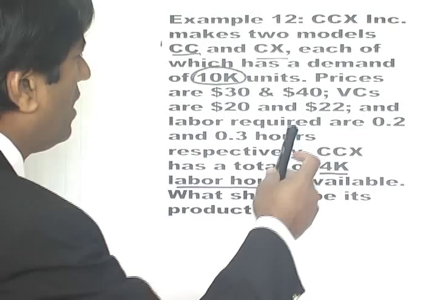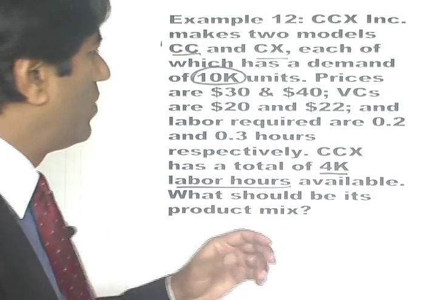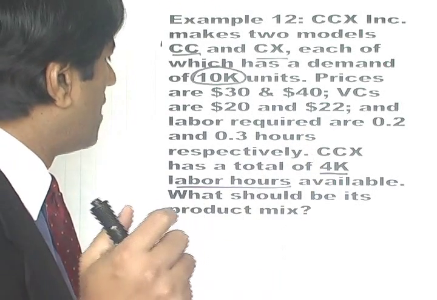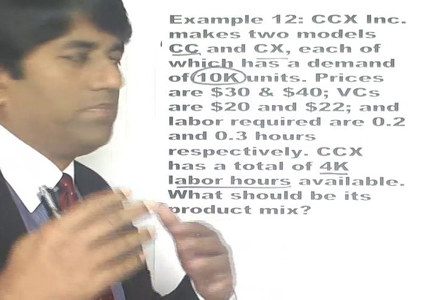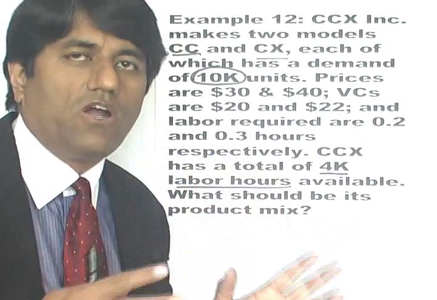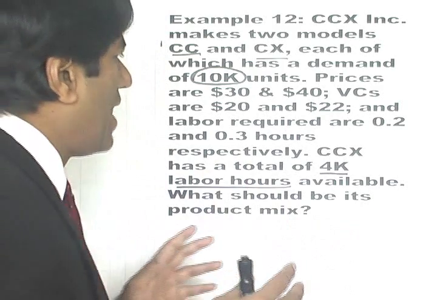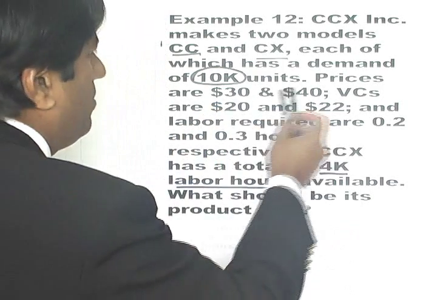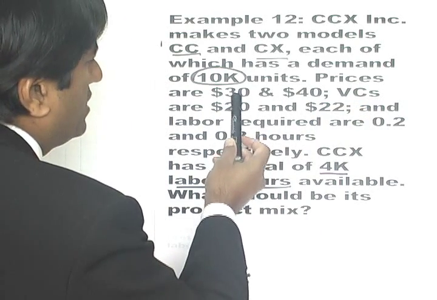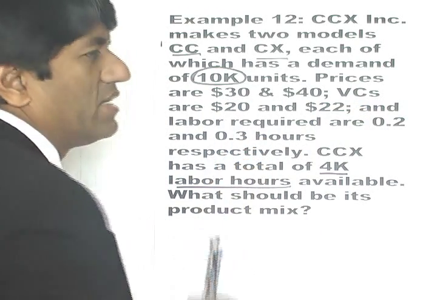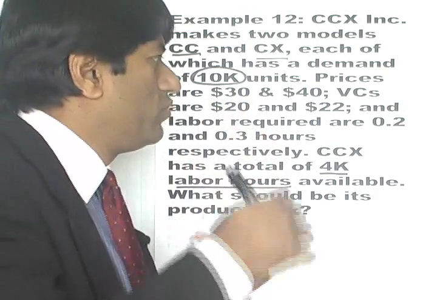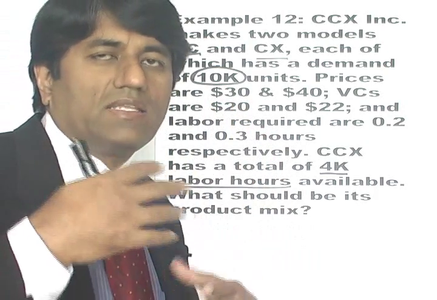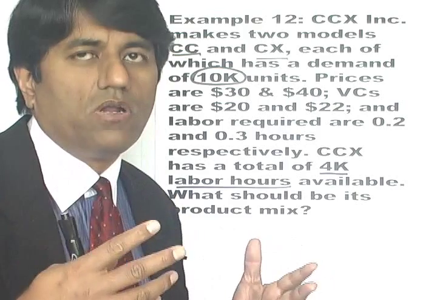Because the prices, you can see that each one of them has a positive contribution margin. The price for the first one is 30, whereas the variable cost is only 20. So for every more unit of the first one you produce, you get 30 minus 20, that's $10 more.